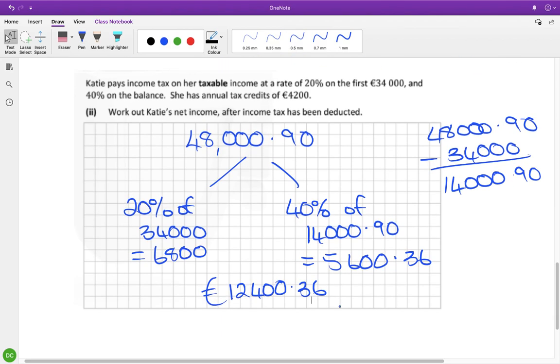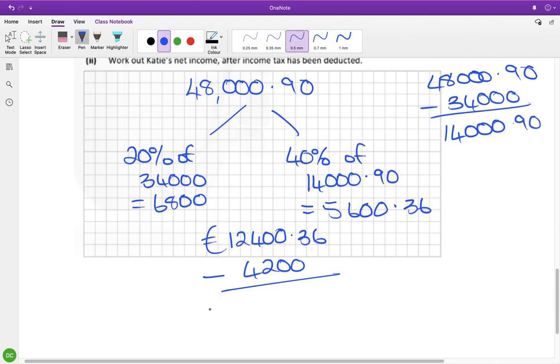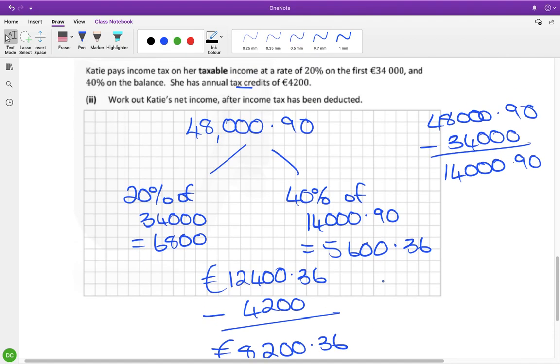So that's our gross tax, and you have to remember that the tax credits are deducted. So you minus 4,200 from that, and we get €8,200 and 36 cents is our income tax.